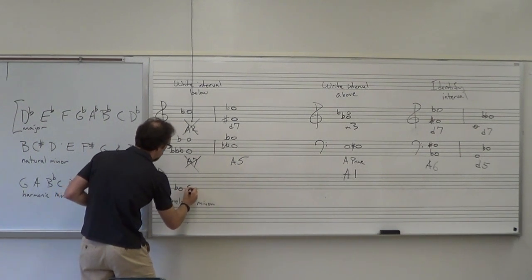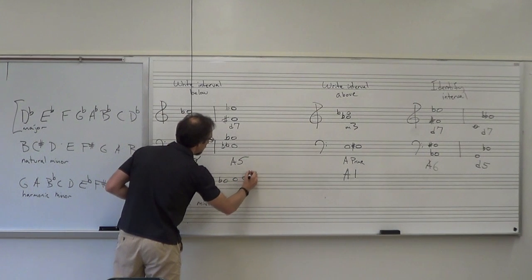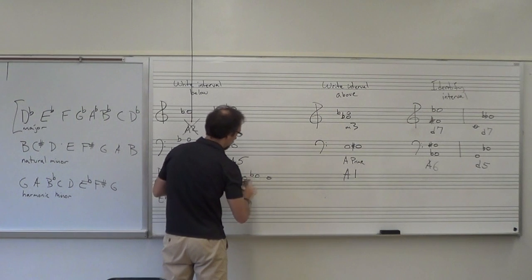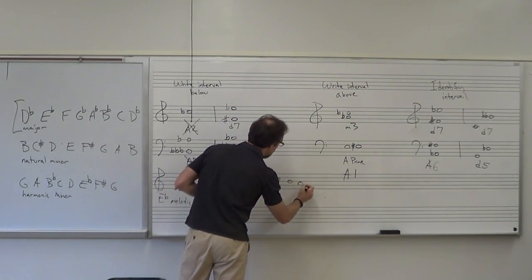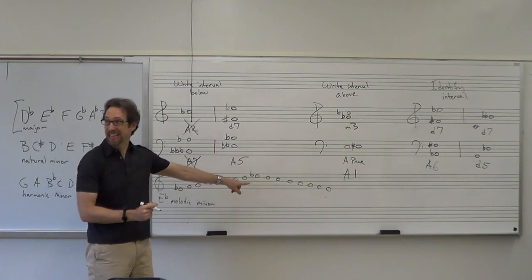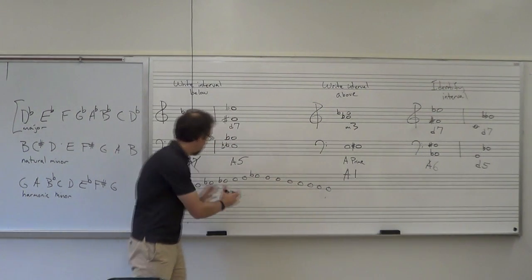E flat, F, G, A flat, B flat, C, D, E flat. I'm going to write it just going down, just write in the letters so that we can apply both directions. Now, since there's no bar line, I'm not going to rewrite those accidentals. I'm not going to rewrite the B flat, the A flat, and the E flat.